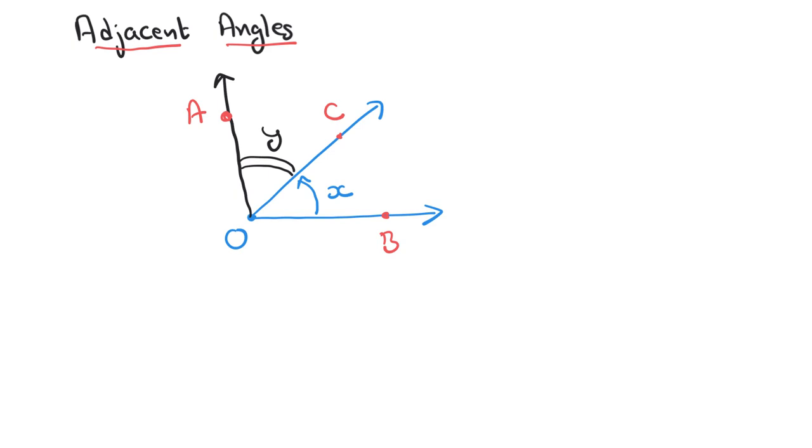So adjacent angles have a common arm between them and a common vertex, and the other two arms are always on either side of the common arm.